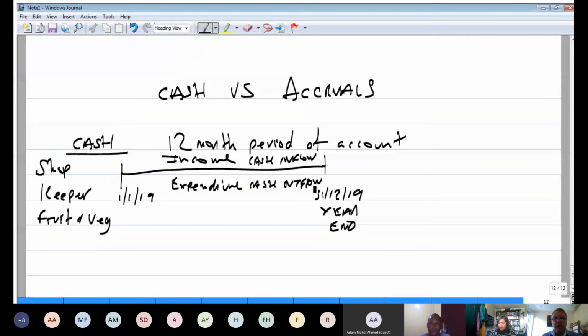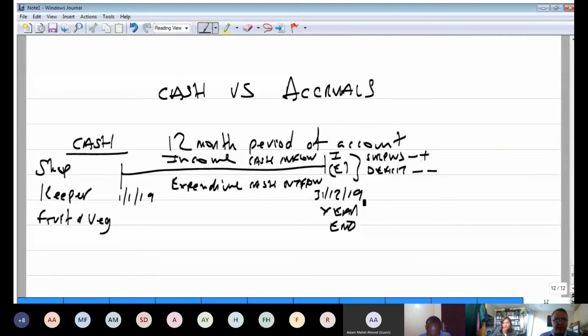So, all nice and simple. So when the shopkeeper sells the fruit and veg, the money comes in, and we record the expenditure and the money goes out. And at the end of the year, we add up all the income, we take away all the expenditure, and that will give us the leftover, a surplus of cash or a deficit of cash. So in other words, surplus, we've got some money left over, deficit, we're overdrawn. Okay, simple as that. Cash method accounting.